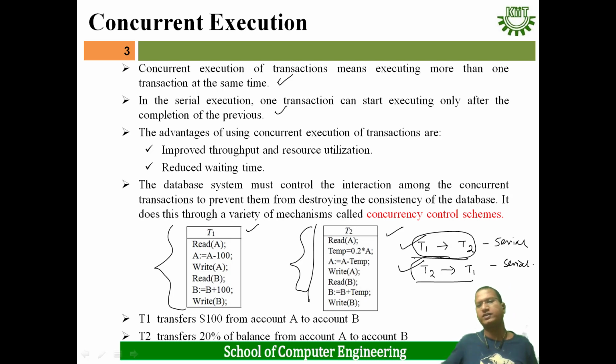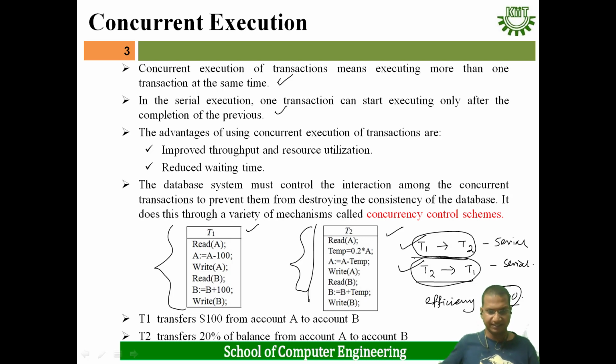There is no chance of inconsistency coming in serial execution. But why do we need concurrent execution? We need concurrent execution to increase the efficiency of the CPU, or to increase the throughput of the CPU.